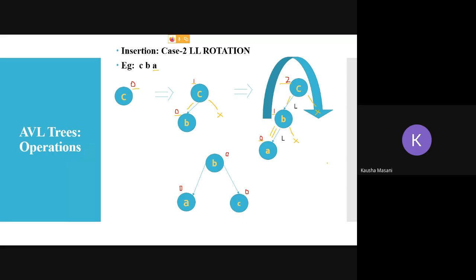In this rotation, basically what you are doing is this root value C is moved to the right side, and you are pulling up B, that is the median value. Understand, here there are three values, so the median value is easy to select.